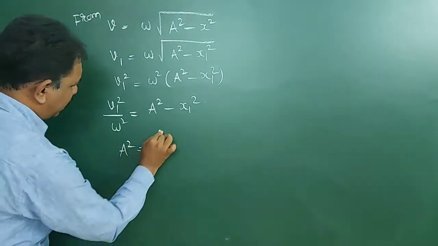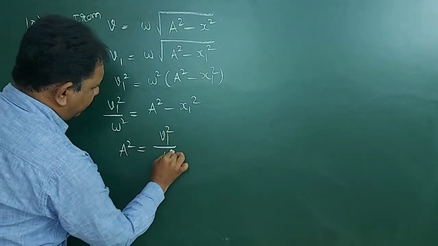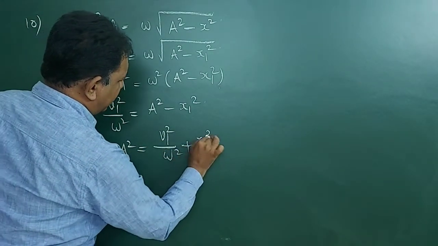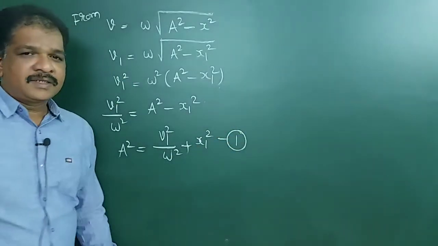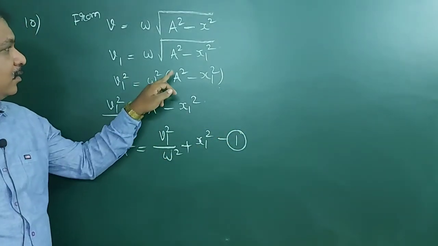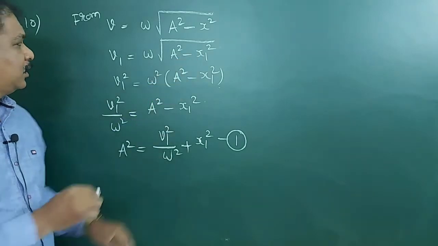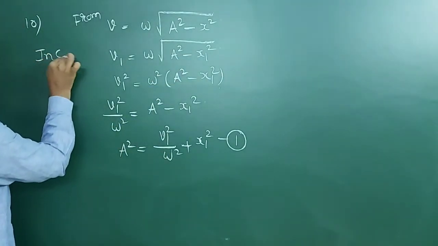So a square is equal to v1 square by omega square plus x1 square. This is what they mentioned in case 1.